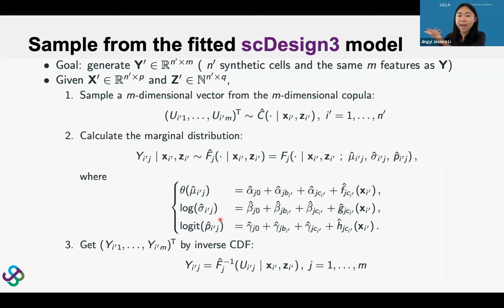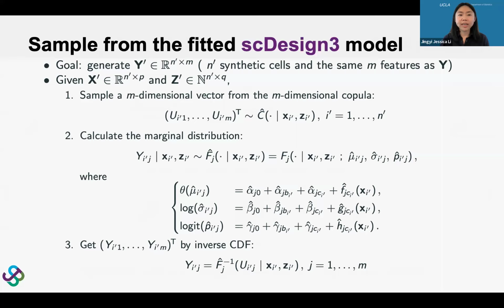That's from the GAMLSS for the m features. Finally, putting things together, I do an inverse of the fitted marginal CDF. I apply that to each sampled U random variable, U_i'j, then I get the Y_i'j. So that's the synthetic data I get for the m-prime synthetic cells. So that's the most general framework.